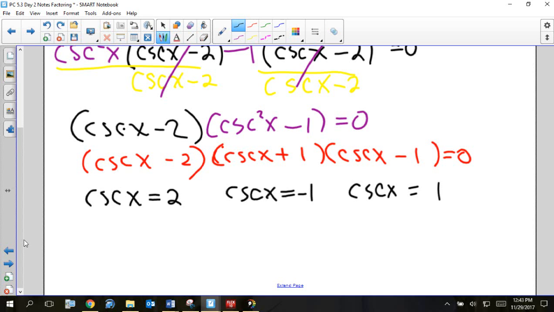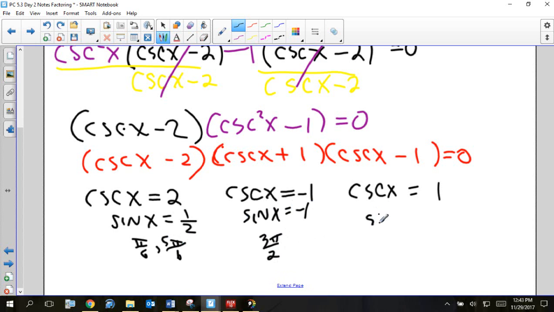Okay, so I don't have my cosecants memorized, but I have my sine. So I'm going to think where sine is a half, which is pi/6 and 5pi/6. And then sine, where is sine -1? 3pi/2. And where is sine 1? pi/2.